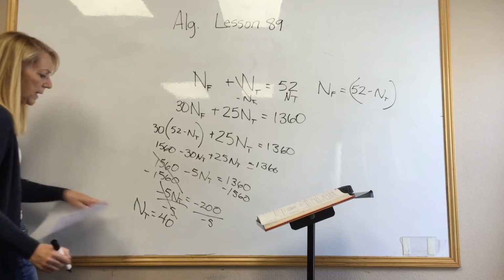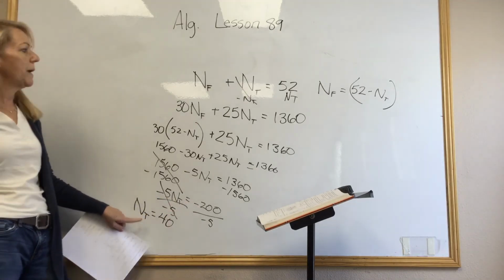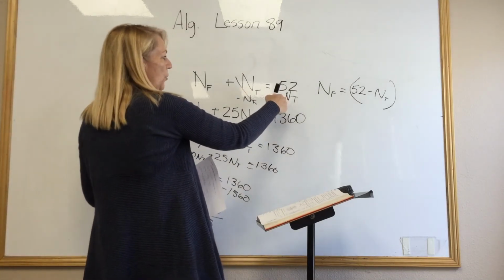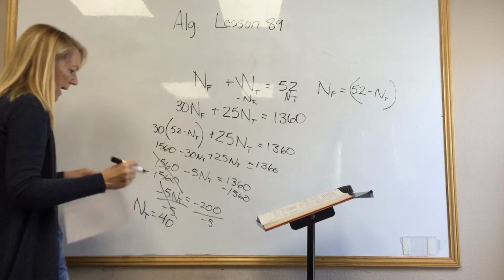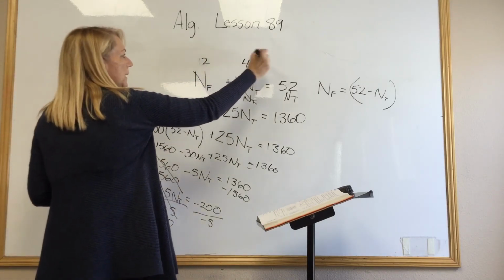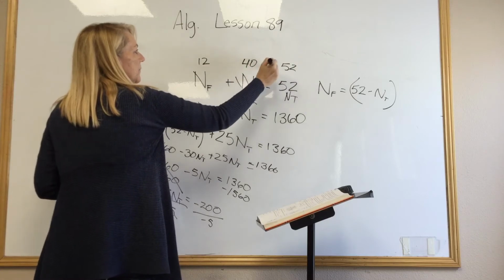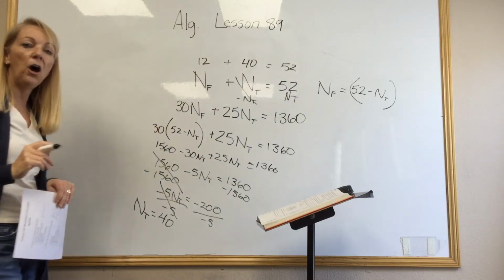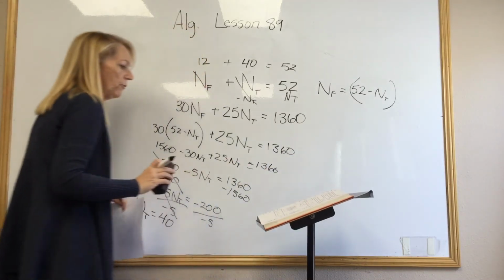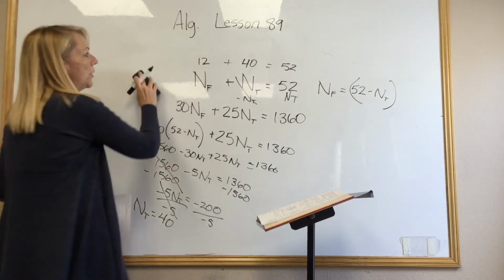So I have 40 tourist passengers. So if I had 52 passengers total, then I would know that I have 12 first class passengers, because 12 plus 40 is 52. So those are not hard. You just have to pick them apart and put them back together and solve for it. And so let's do one more.